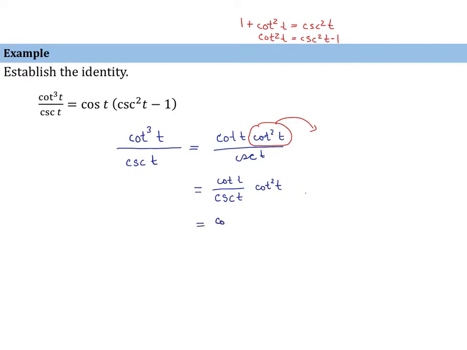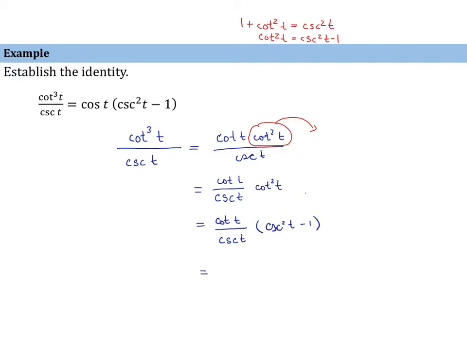So we have cotangent of t over cosecant of t times cosecant squared of t minus 1. Now it comes down to manipulating this fraction so that it is just cosine of t.